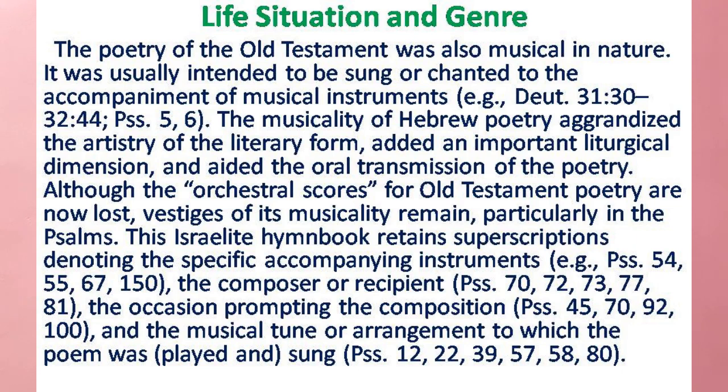Deuteronomy chapter 31, Psalms 5, 6, we can observe like this. The musicality of Hebrew poetry, arranged in the artistry of literary form, added an important liturgical dimension and aided the oral transmission of poetry.